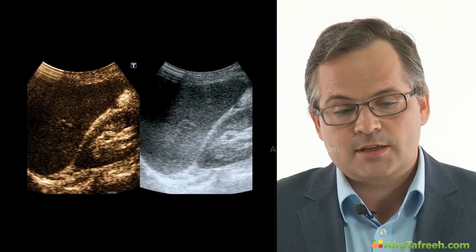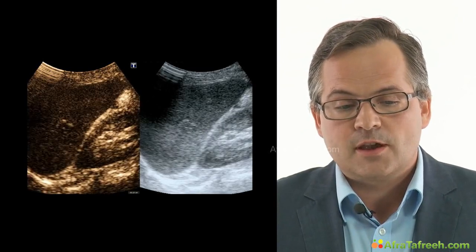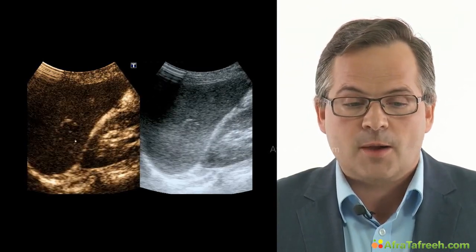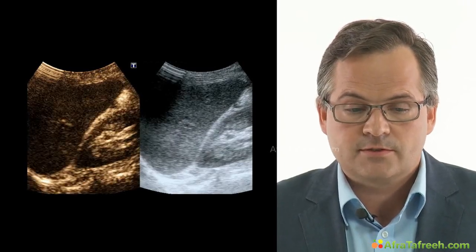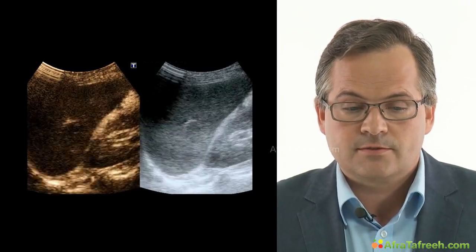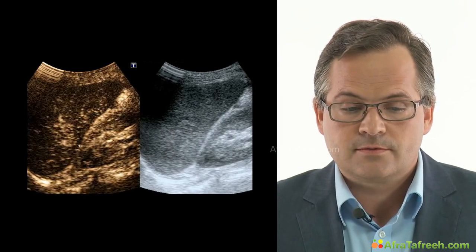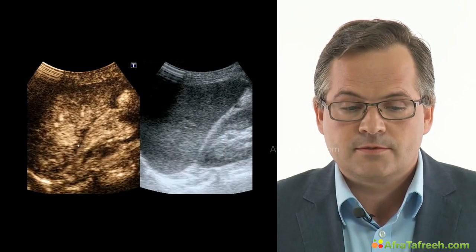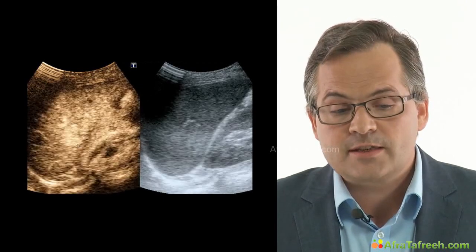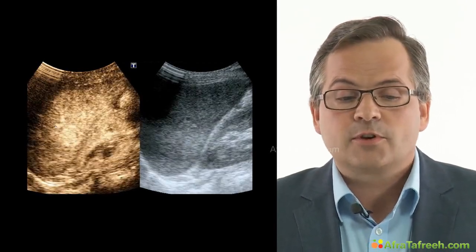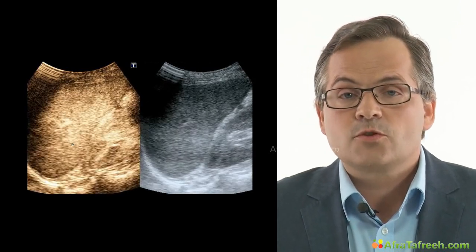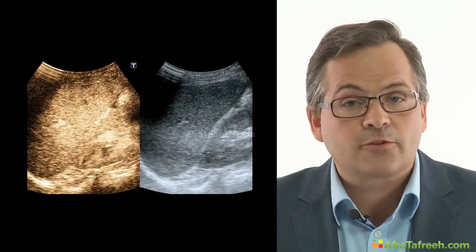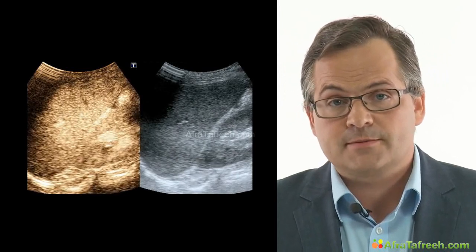In this particular case, we see a rapid and strong uptake of contrast agent in the arterial phase. And in the late phase, the intensity of the contrast agent does not decrease. So there is no so-called washout, and therefore no hint for a malignancy.